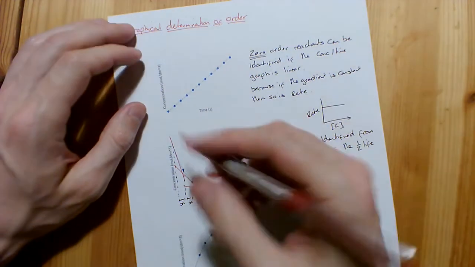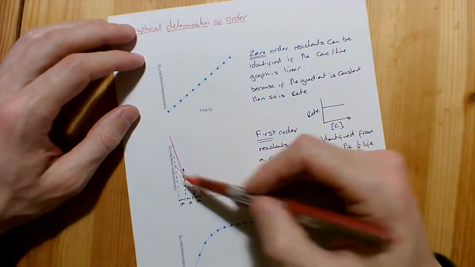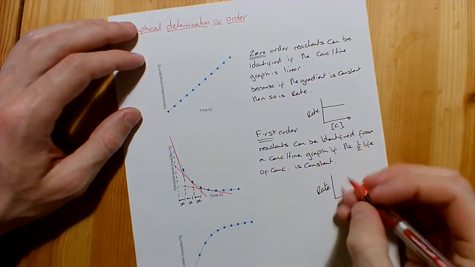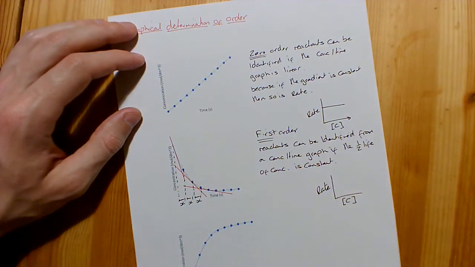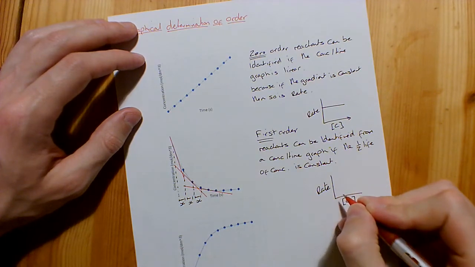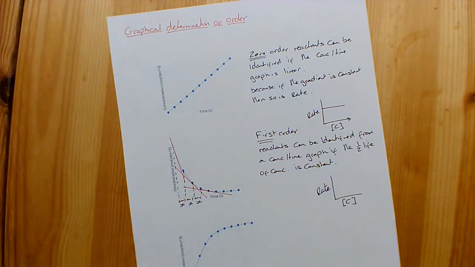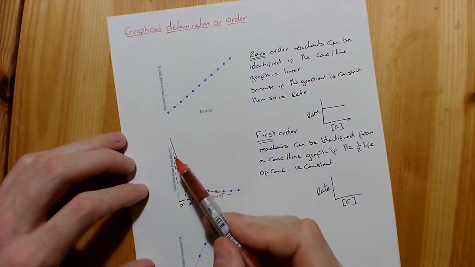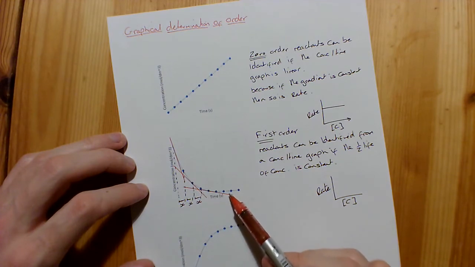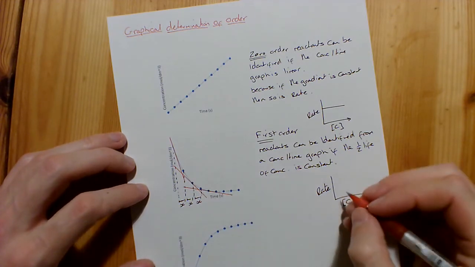If you do 3 tangents and you work out the gradient of each of these tangents, and then you plot them, let's just have a quick think about what that's going to look like. So if we're looking at the shape of this, the gradient is slowing down, so the rate is slowing.